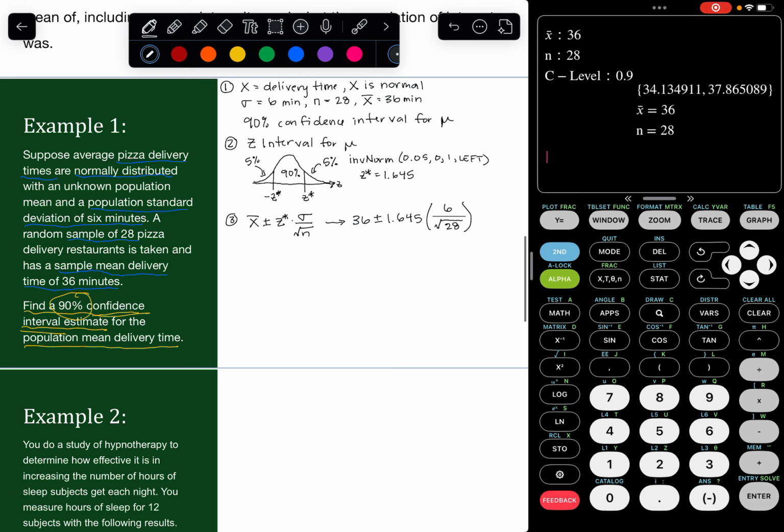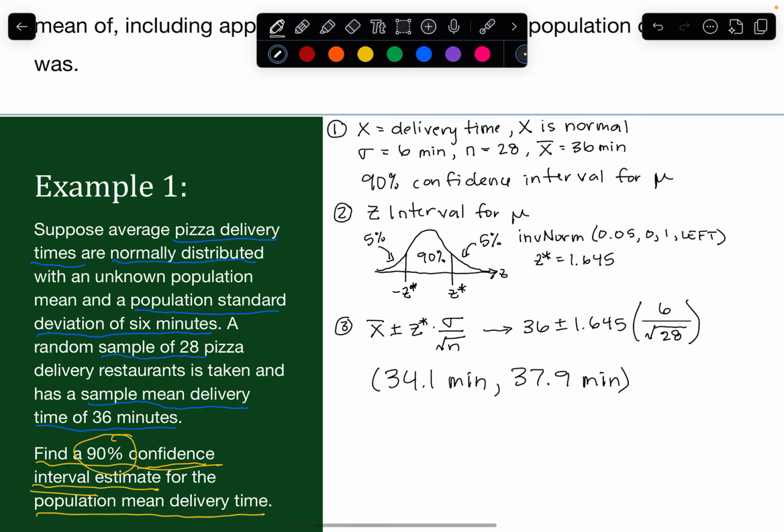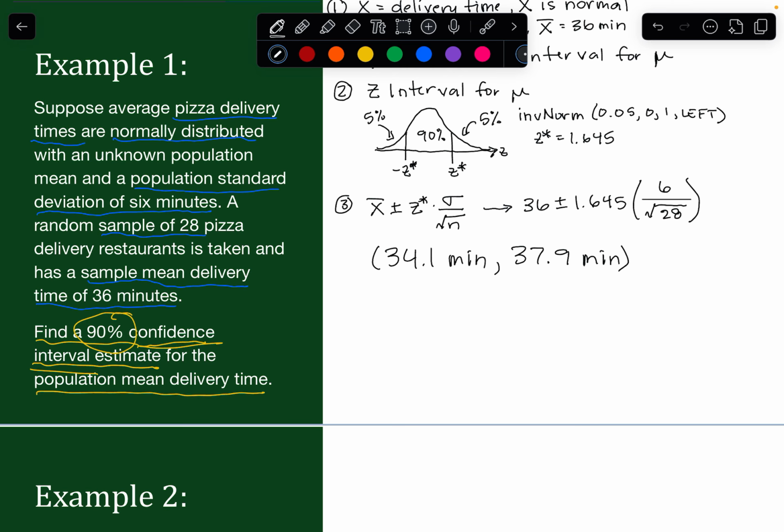So when I write my interval, I'm going to write lower bound first, 34.1 minutes, and then comma, and then my upper boundary is 37.86, which is going to round up to 37.9. So our interval estimate for our mean is 34.1 minutes to 37.9 minutes.